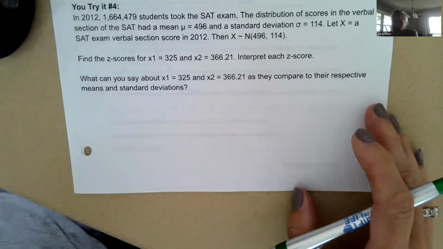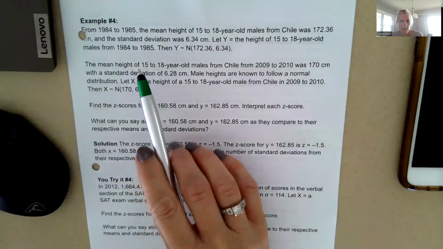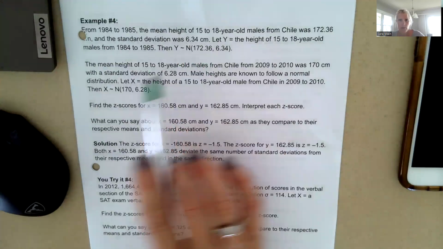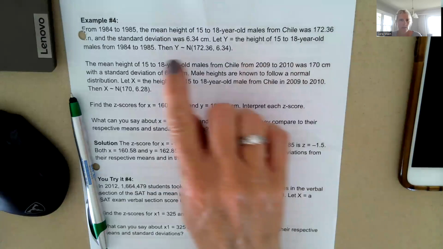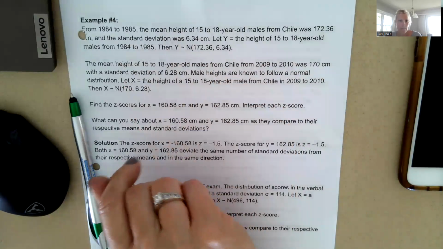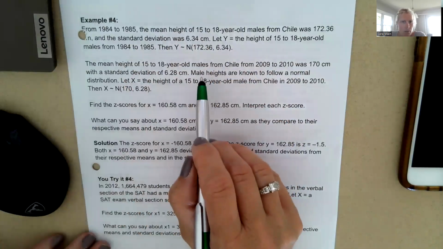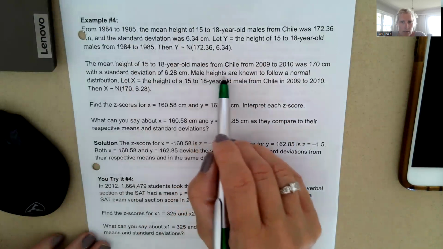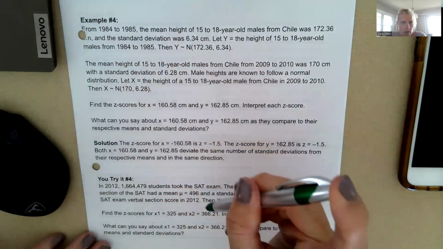Example 4. From 1984 to 1985, the mean height of 15 to 18-year-old males in Chile was 172.36 centimeters with a standard deviation of 6.34. Male heights are known to follow a normal distribution.